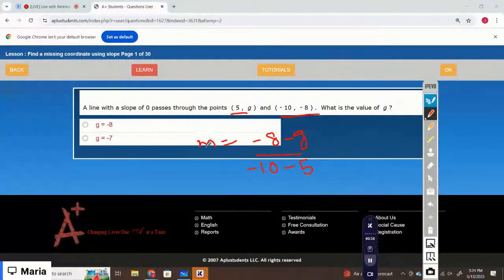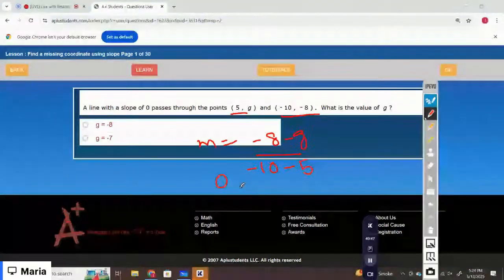The slope is 0, so replace m with 0. 0 equals negative 8 minus g over negative 15.